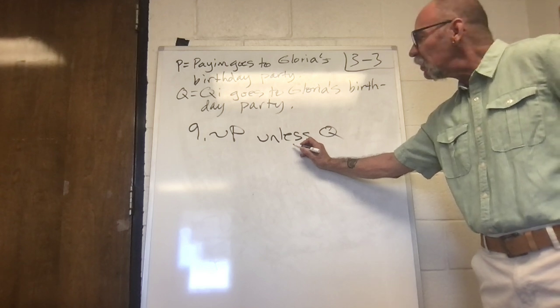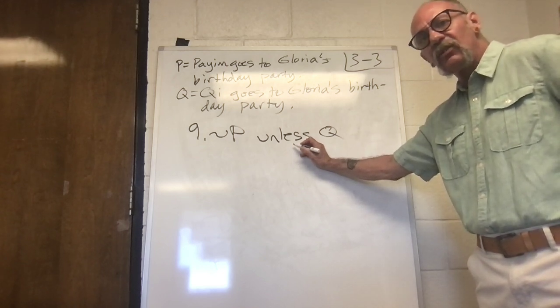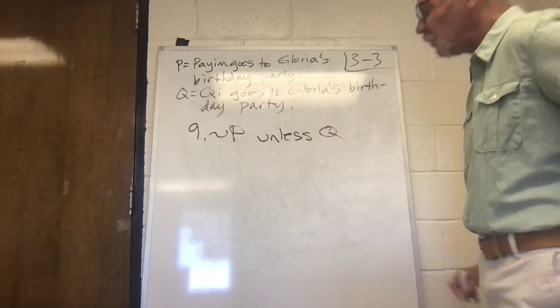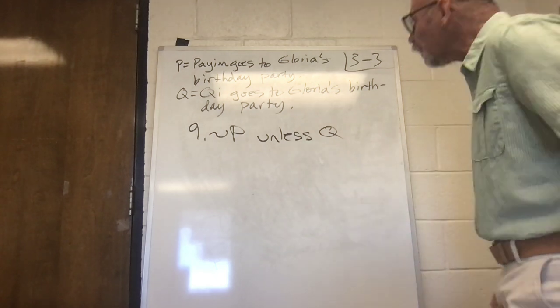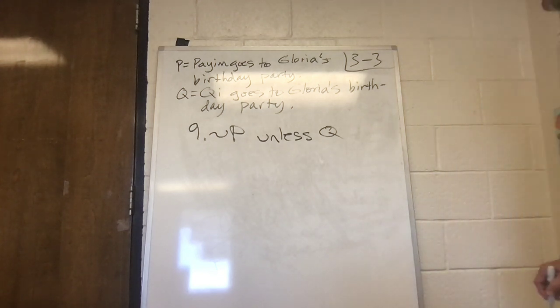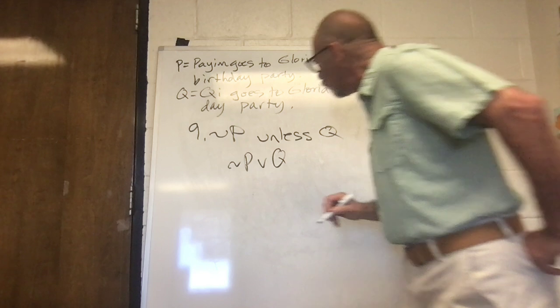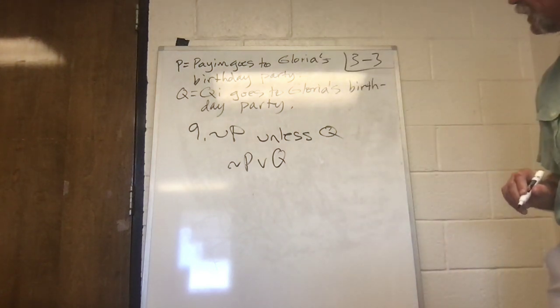Your translation as a disjunction will be much easier than your translation as a conditional for "unless". So you're less likely to make mistakes. So if we take "unless" as a way of signaling or expressing disjunction, that just means replacing "unless" with the wedge. So we get here negation sign P, wedge Q.